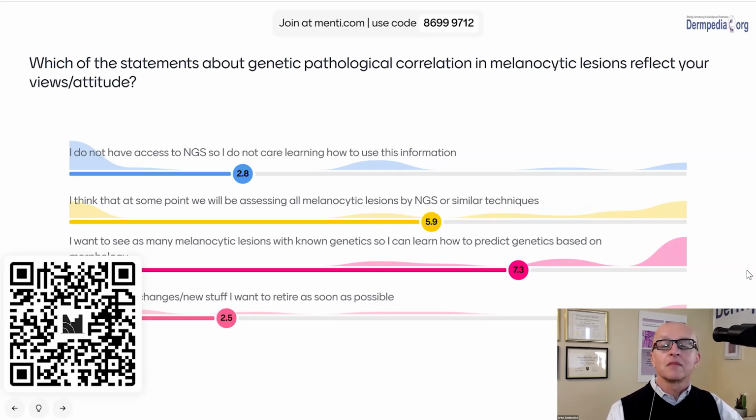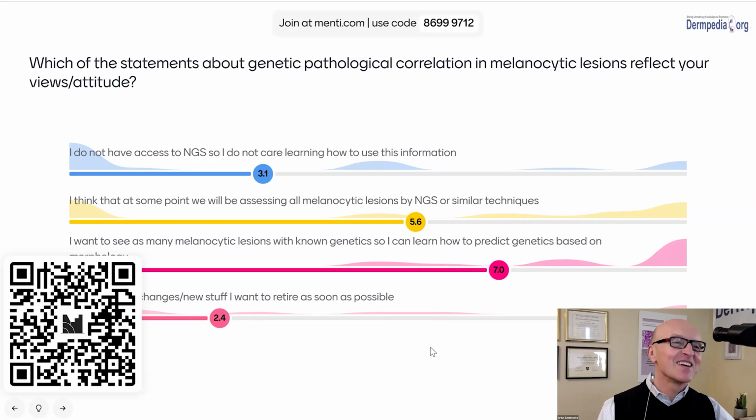With time we will learn more about this genetic pathological correlation, and actually will be pretty good at making our diagnosis, even using genetic terminology, even if we don't necessarily perform those tests to confirm. But I do have sympathy for those who want to retire. I certainly do.